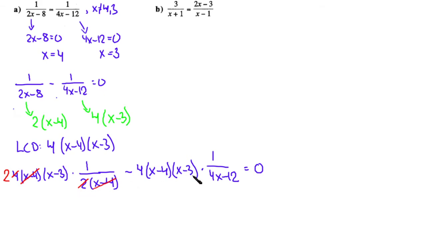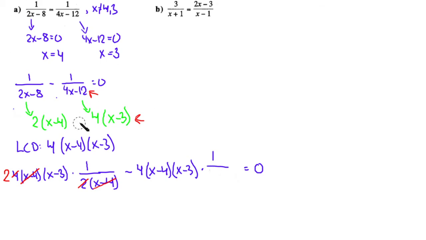For the second term, I wrote down the wrong form here. Here it says 4x minus 4, that's the original expression. What we want to use is the factored form. So I'm going to change that.